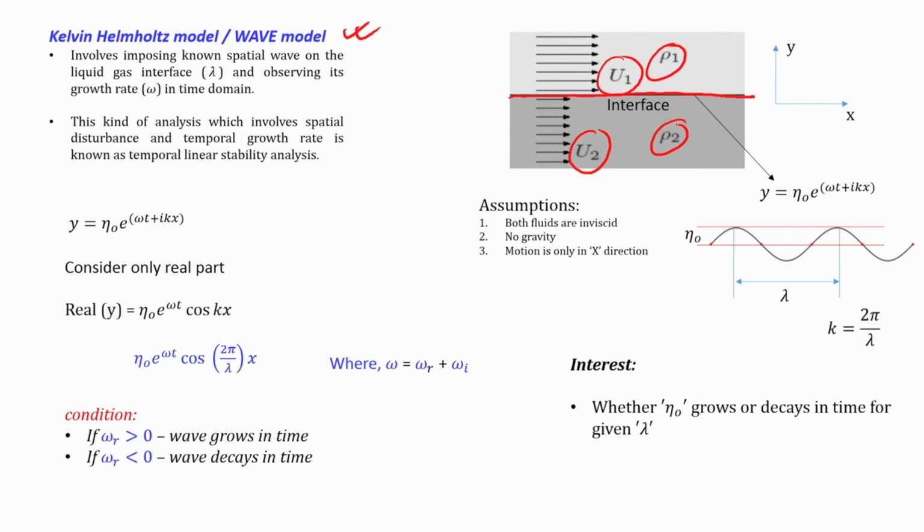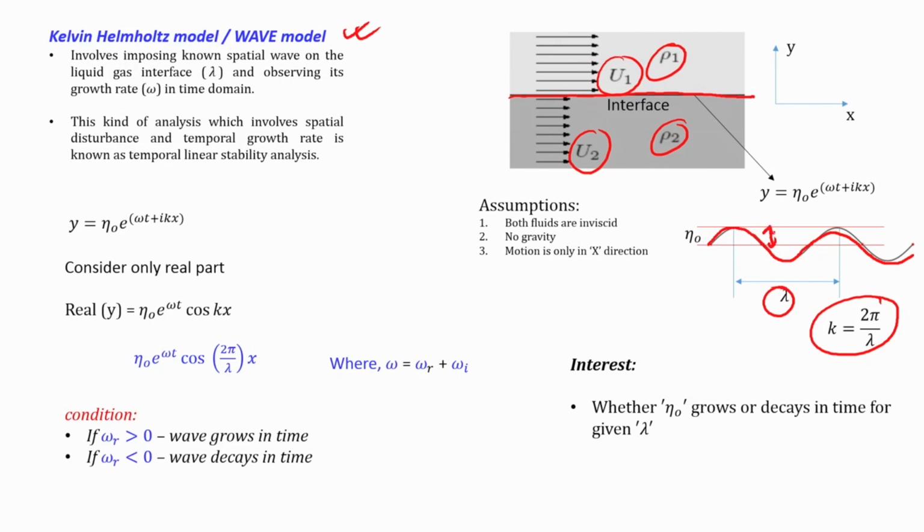And what happens is that this interface undergoes small perturbations. That perturbation's wavelength is given by lambda, and the corresponding wave number is given by that. So, this is an infinitesimal perturbation of the interface.